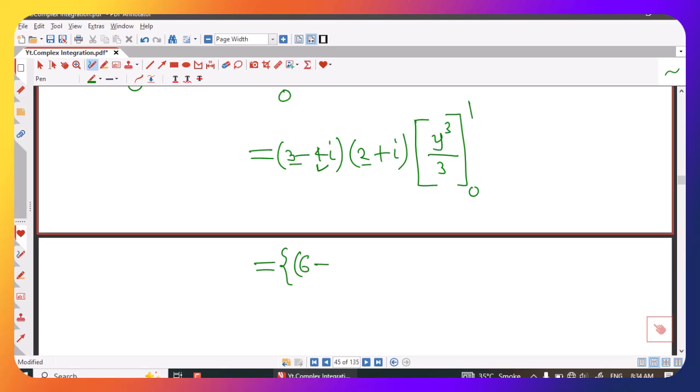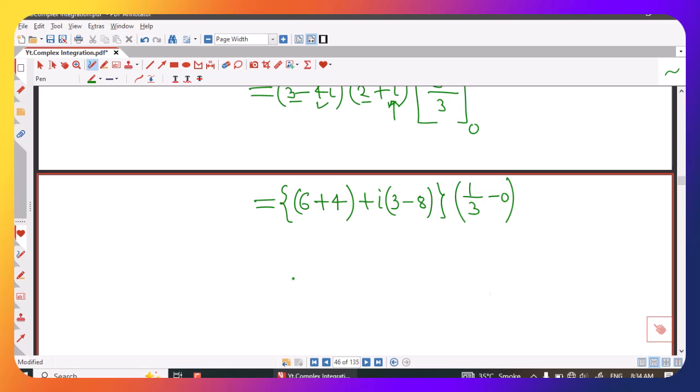Here the imaginary part is minus 4, here it is 1, so minus minus will give plus. Plus i times the real part of this multiplied with the imaginary part of this, that is 3 into 1, plus minus 4 into 2, that is going to be minus 8. And for y equal to 1 it is 1 by 3, and for y equal to 0 it is 0.